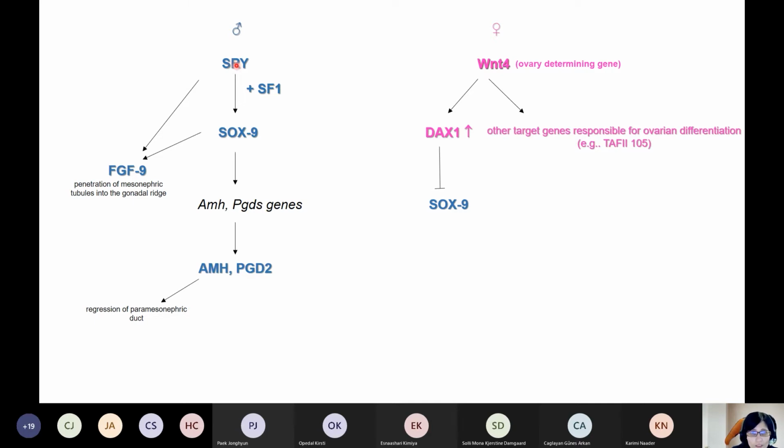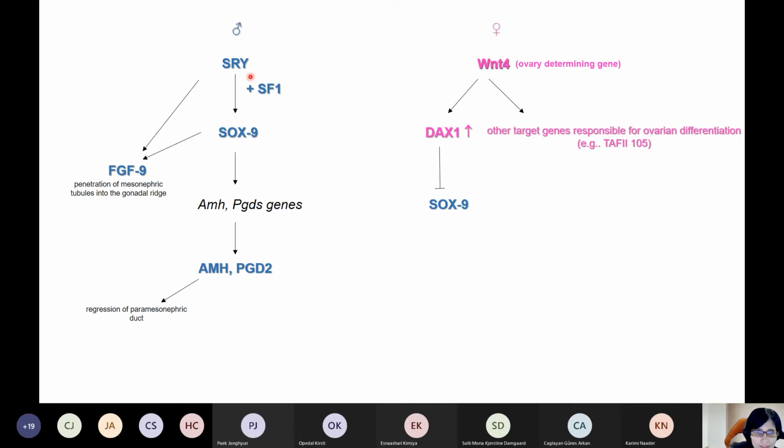The SRY protein complexes with this SF1. SF1 is also a transcription factor. SF1 has also effect on its own on the transcription of this SOX9. SOX9 factor is very important from point of view of the male development.